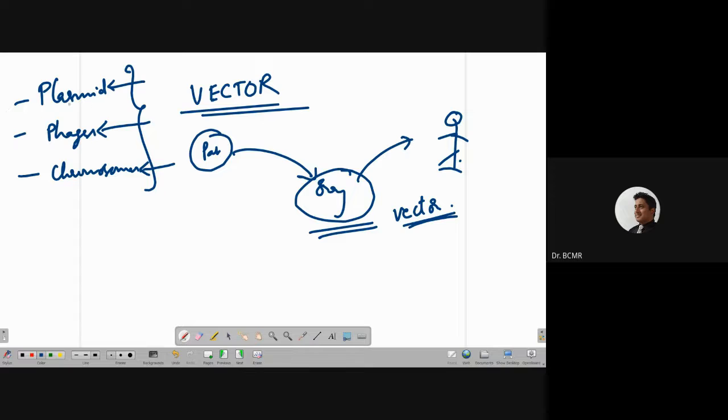So we will start off with general features. Some of you have already studied them, and some of you haven't, so I will take it from the basics. A vector should have a multiple cloning site or a cloning site, that is, a series of restriction sites. They should have a selectable marker.